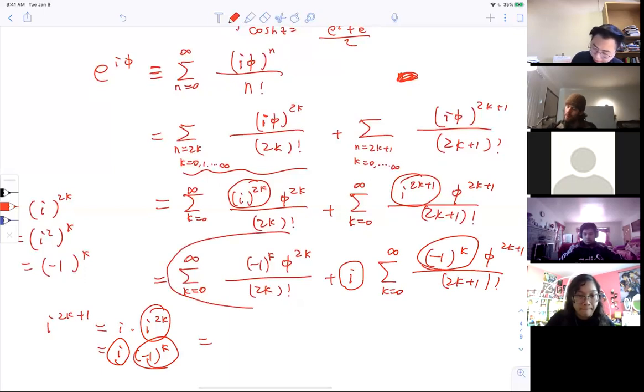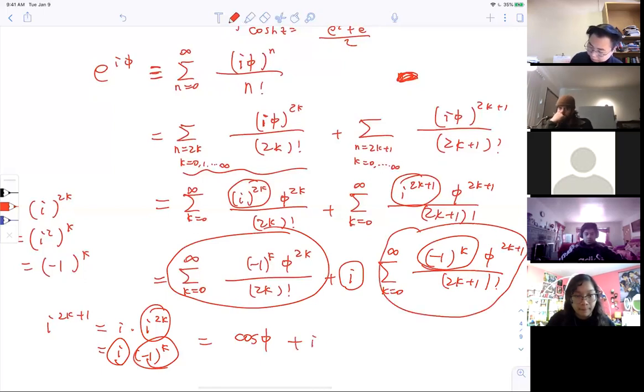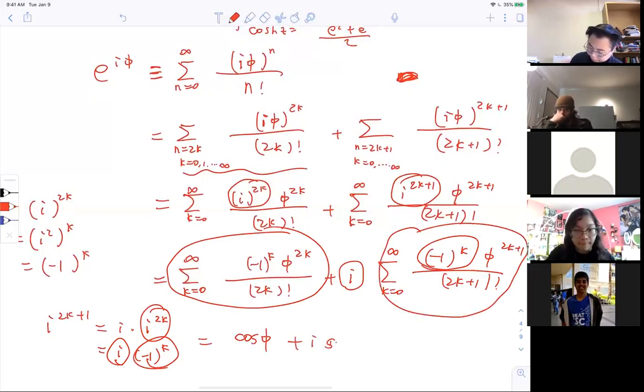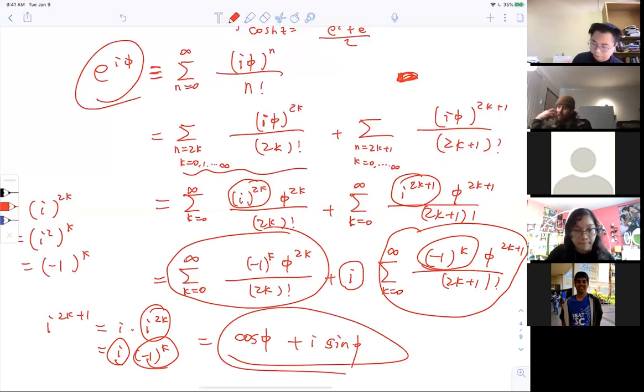So this is nothing but the Taylor series for cosine phi. This is nothing but the Taylor series for sine phi. So we get that the exponential of this equals this.